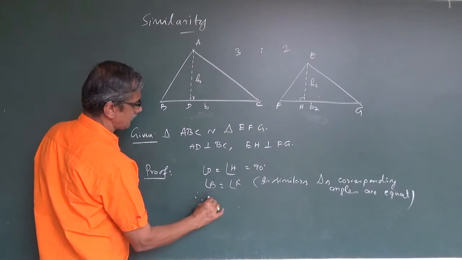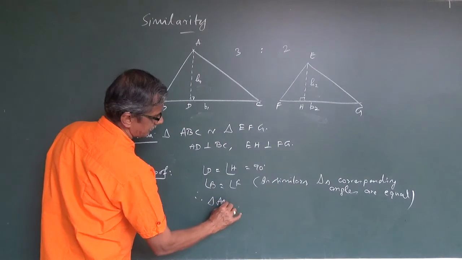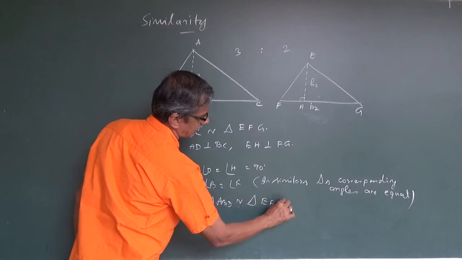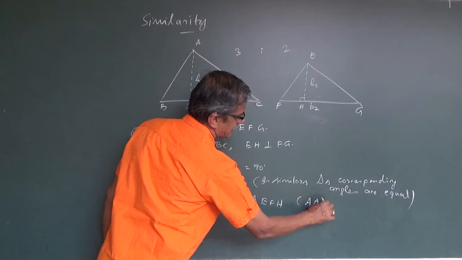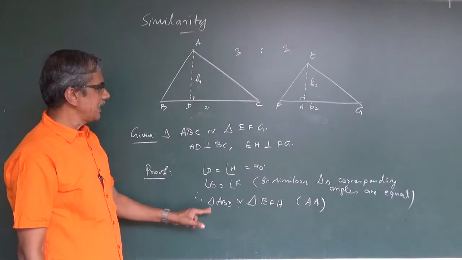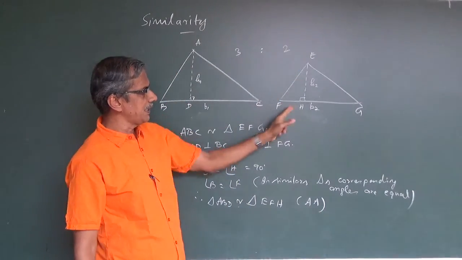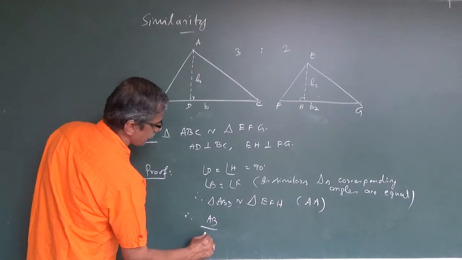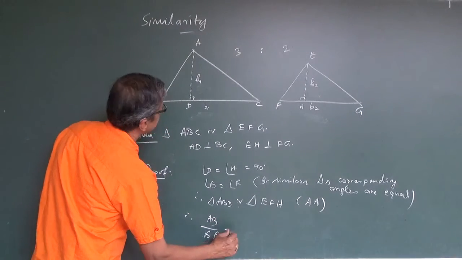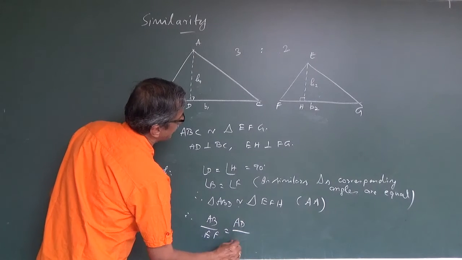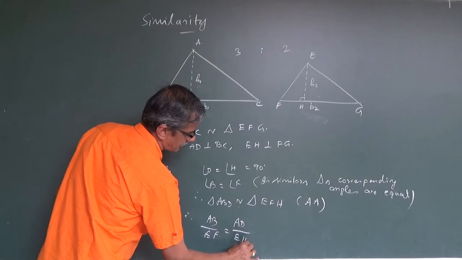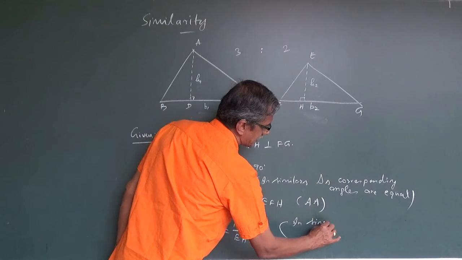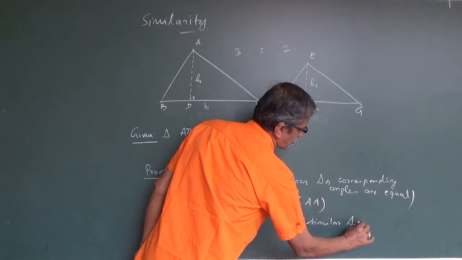So therefore, triangle ABD is similar to triangle EFH by angle similarity. Therefore, AB by EF is equal to AD by EH, because in similar triangles, corresponding sides are proportional.